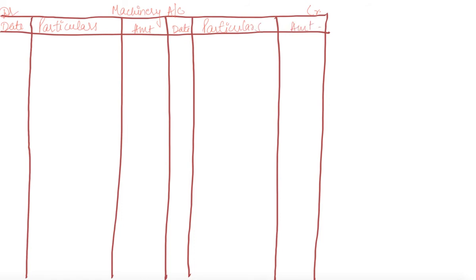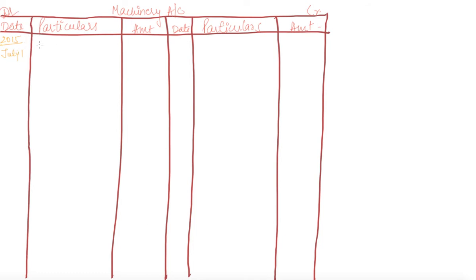Okay, now starting with the first line of the question, where it was said that Ram and Brothers purchased the machinery costing rupees 1,40,000 and spent 10,000 on its installation. It means basically he purchased the machinery for rupees 1,50,000. So it was the year 2015. Your date was July 1st.